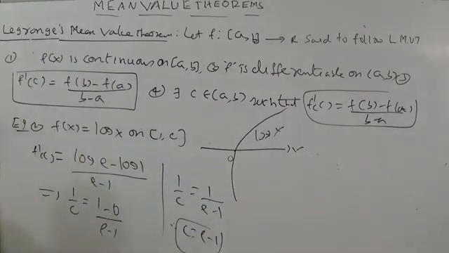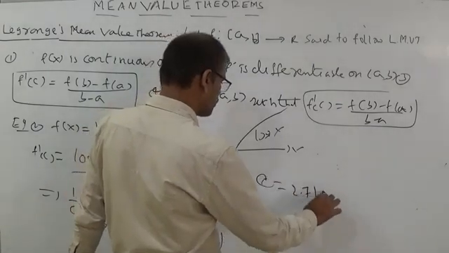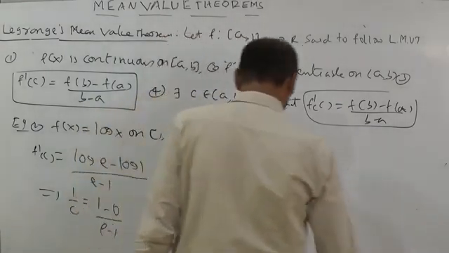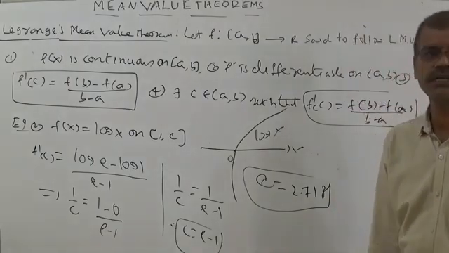The e minus 1, what is the value of e? 2.718. I am writing here the value of e is equal to 2.718. This is an irrational number. 2.718 minus 1 becomes 1.718.